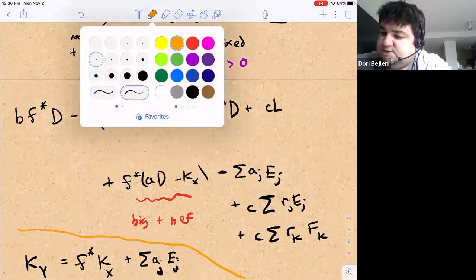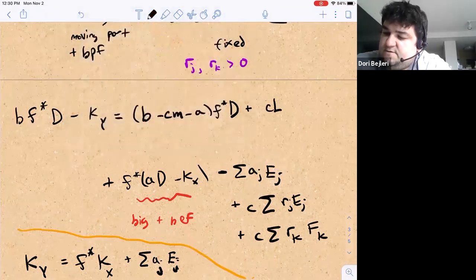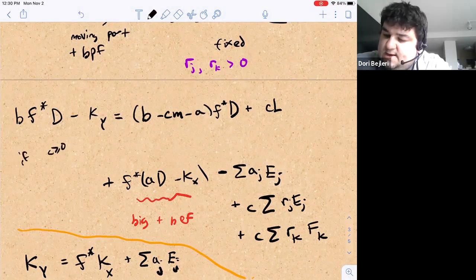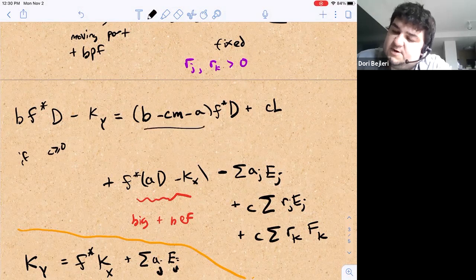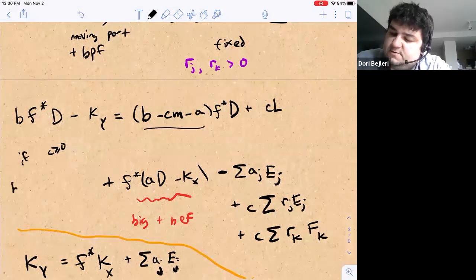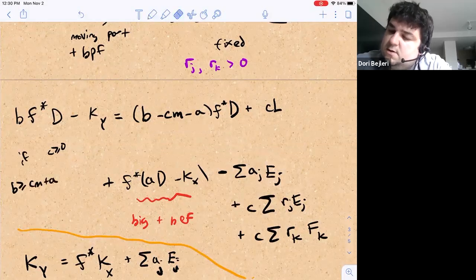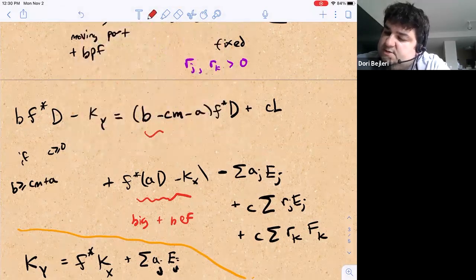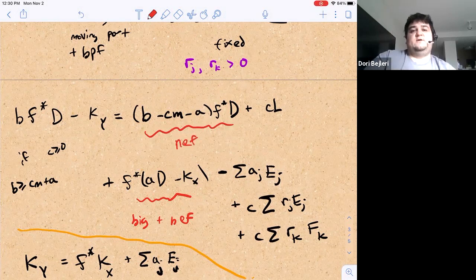And now our observation is that if C is greater than or equal to 0, and if this coefficient here in front of F upper star D is non-negative, so if B is greater than CM plus A, then we have that this piece is Nef, because in the hypothesis of the base point free theorem, D is Nef.